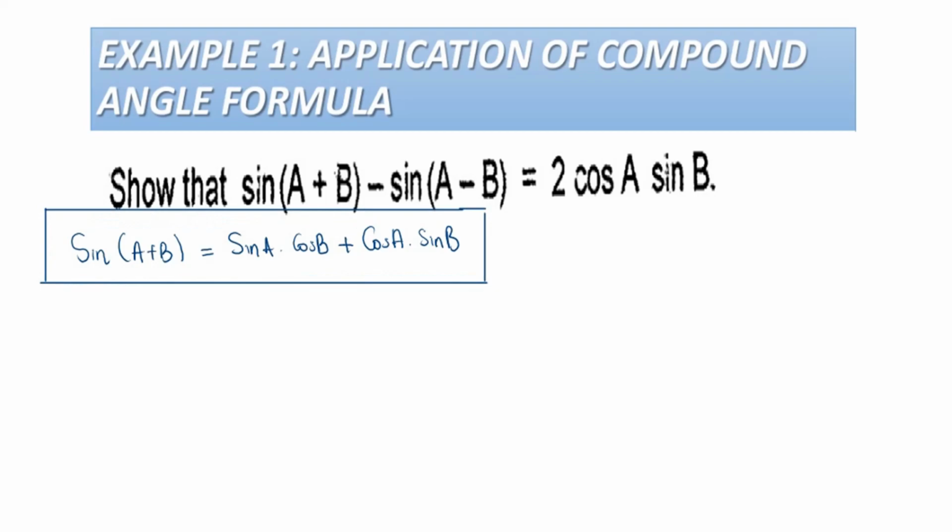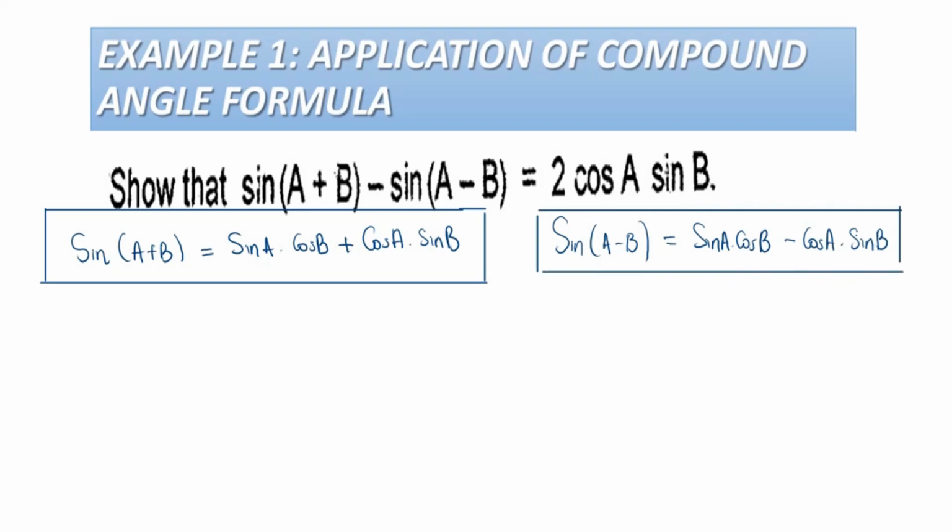And the other one is sine of A minus B. So sine of A minus B is equal to sine of A times cos of B minus, because the sign stays the same, cos of A times sine of B.